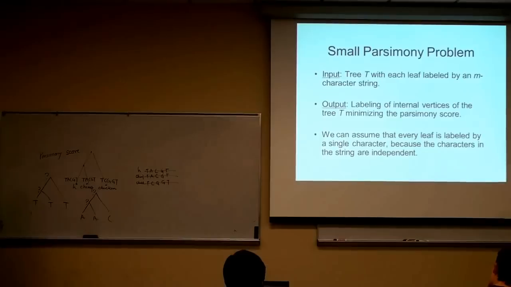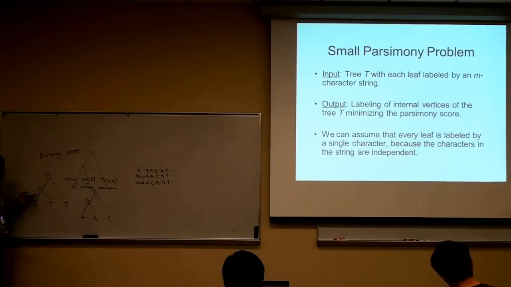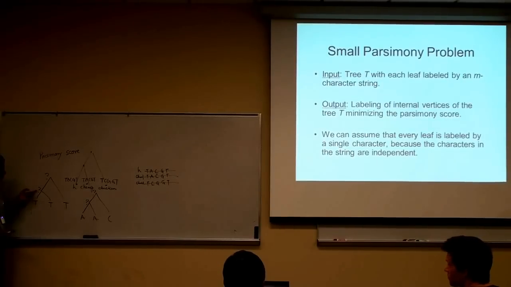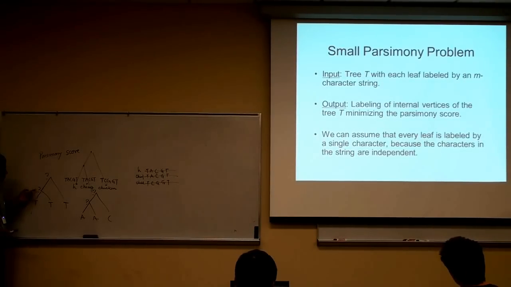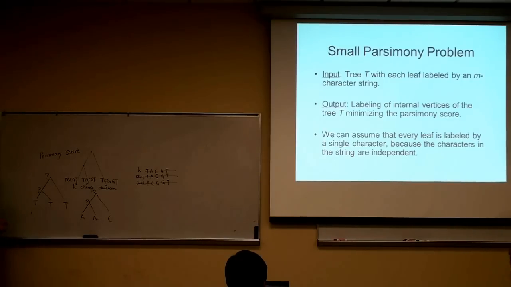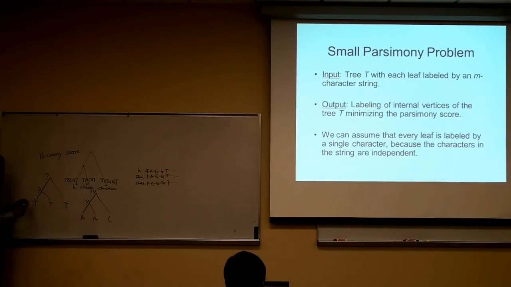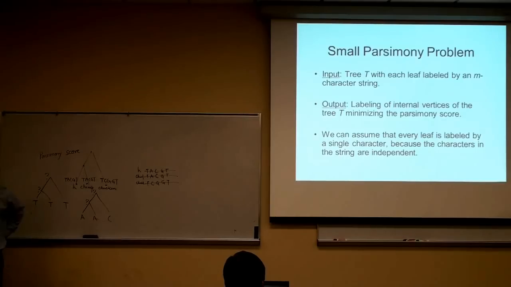Okay, so I've made the problem substantially simpler, but it's still difficult. The naive or brute force approach would be to try all 4 possibilities here, and if the tree is bigger, all 4 possibilities at every internal node.